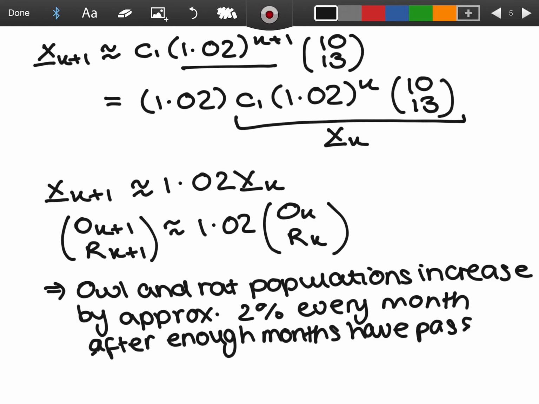Once we're far enough away from our initial population, after enough months have passed, on average the population of each one would increase by 2%.